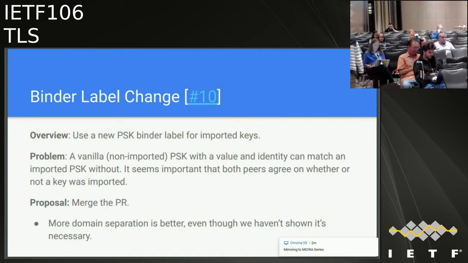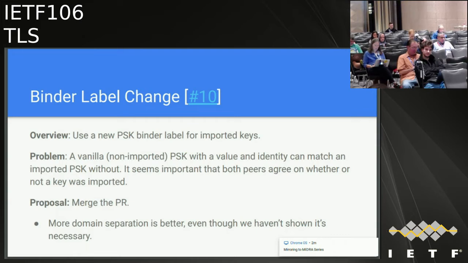So there's actually one other outstanding pull request, and Jonathan, you might not want to sit down because it's just your pull request. Basically the proposal is, in addition to importing an external PSK and doing the key diversification based on the protocol and the KDF, you also change the label you use in the binder computation.